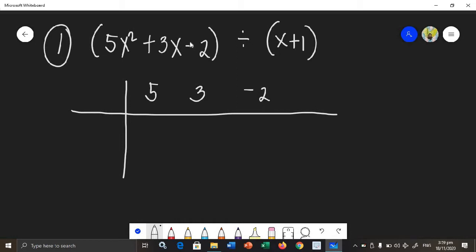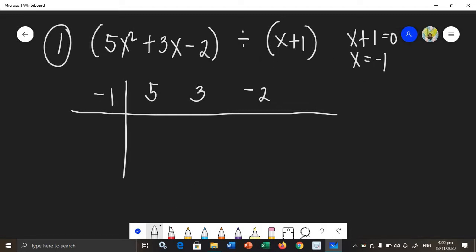We have no problem because we have the constant, first degree, and second degree, and they are arranged in descending order, since that is the rule in synthetic division. Then we find the value of x by equating the divisor: x plus 1 equals 0, so x is equal to negative 1. We put negative 1 here.